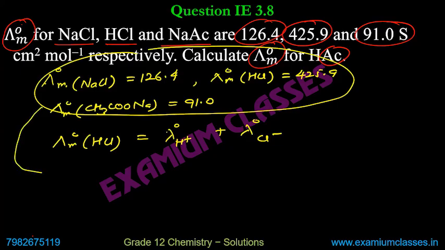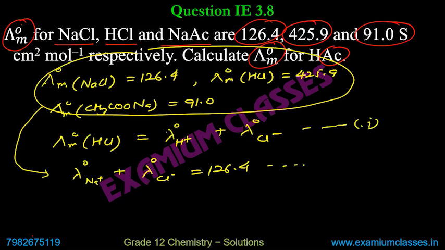And these things you can write like this: lambda Na plus naught plus lambda Cl minus naught equals 126.4. Say this is 1. Say this is 1, what we need to find out. Say this is second.